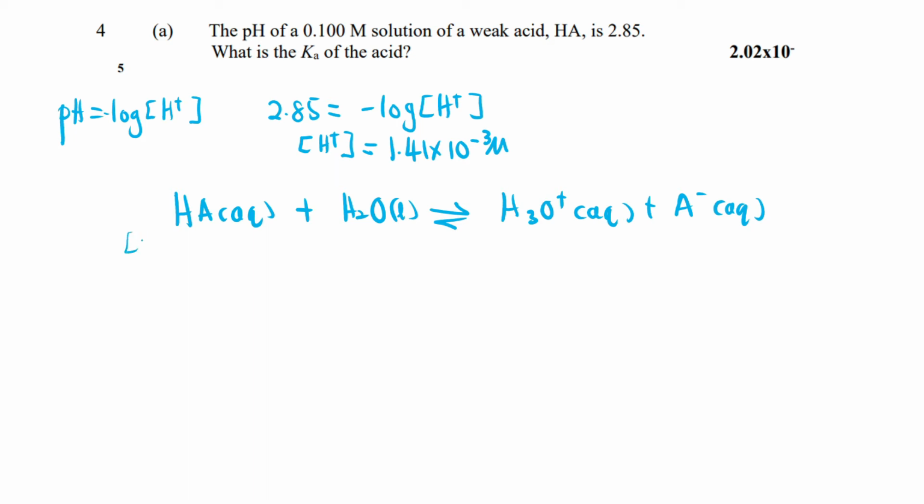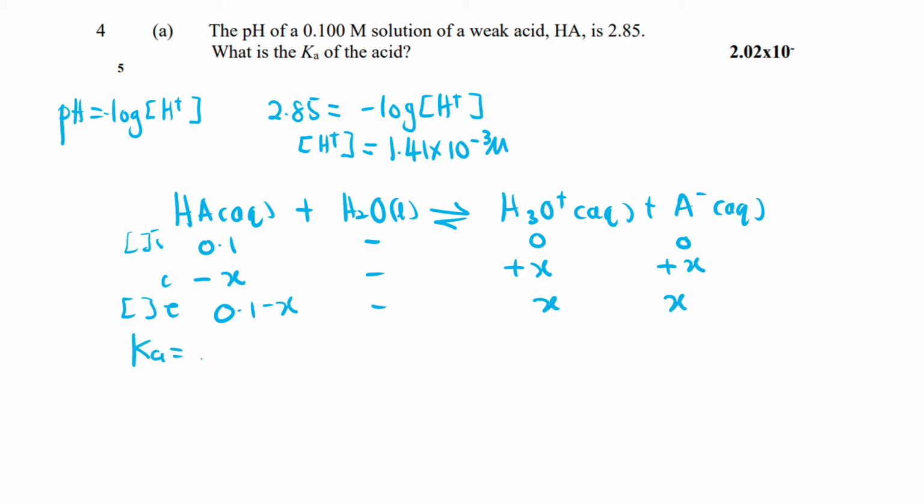Jadi initial concentration adalah 0.1 molar. So this one dash 0, 0. So the change is minus x, dash, plus x, plus x. So concentration at equilibrium 0.1 minus x, x, x.